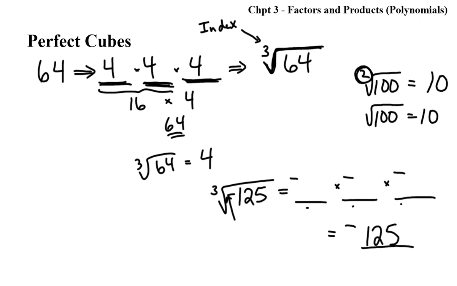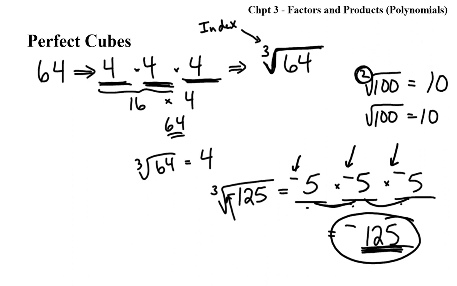How do I get a 125? 5 times 5 is 25, times another 5 is 125. And negative times negative times negative gives us negative 125. So we can cube root negative values. What do we multiply 3 times to get negative 8? A negative 2. So we can cube root negatives, but we can't square root negatives. Same concept, a little bit of a twist.